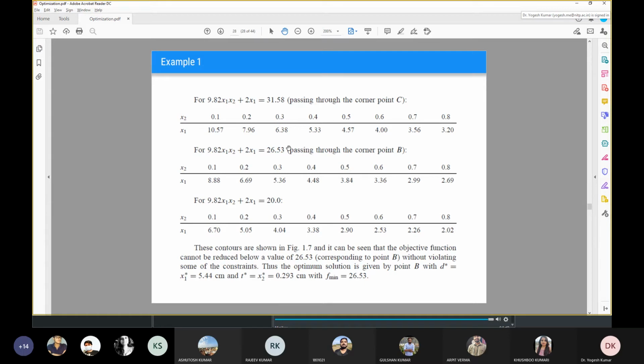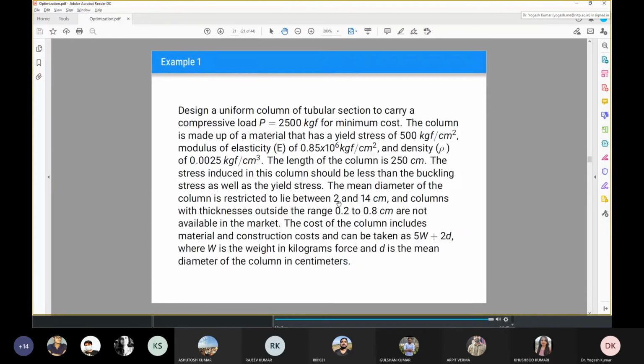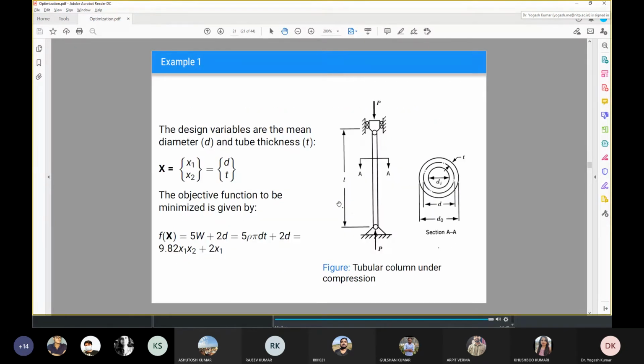Okay, so in this whole optimization subject, the main thing is the mathematical expression of your problem, or the function which you want to maximize or minimize, or for which you want to get the optimum values. So here, this was your initial problem, which was converted into a mathematical expression.